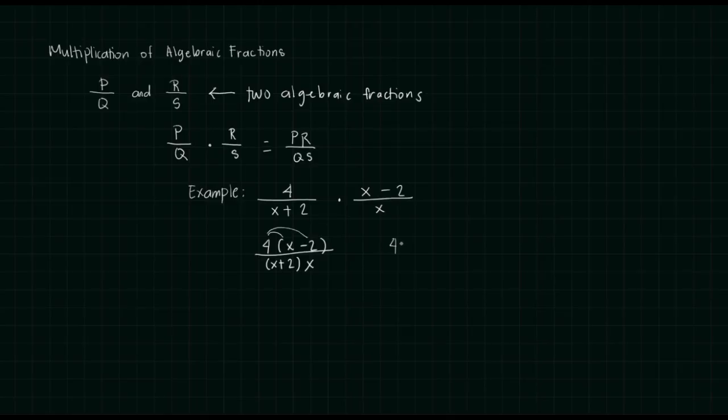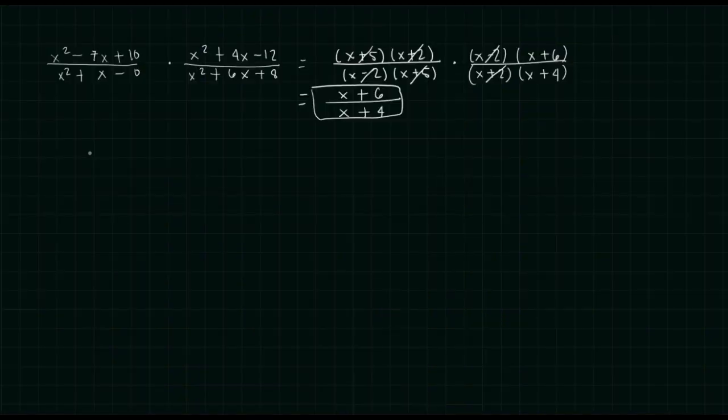So we will distribute 4 to x minus 2. 4 times x is 4x, and 4 times negative 2 is negative 8. For the denominator, that will be x squared plus 2x. And that will be the final answer.